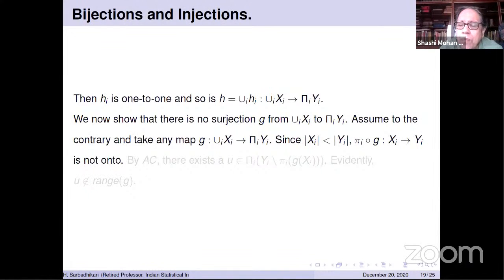By the way, I should have said this: if there is a map from x onto y, then the cardinality of y is less than or equal to the cardinality of x. Can you all see this?